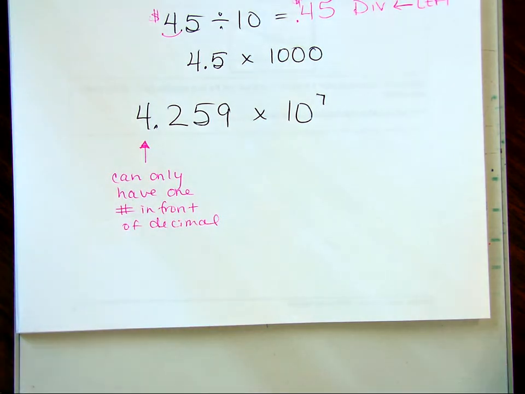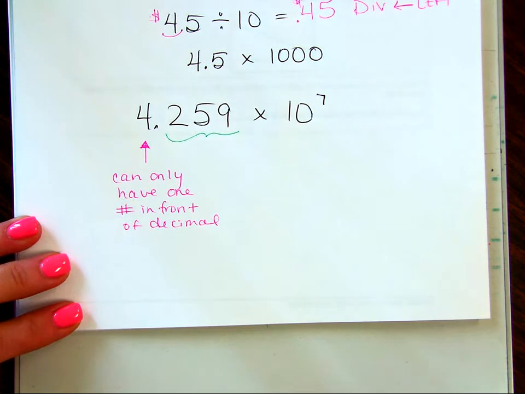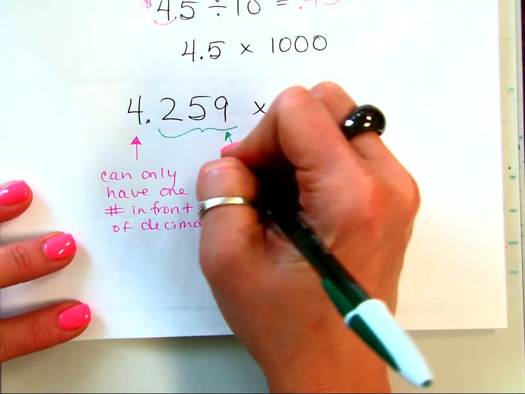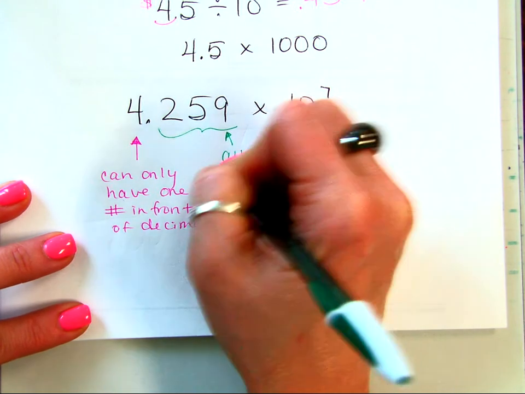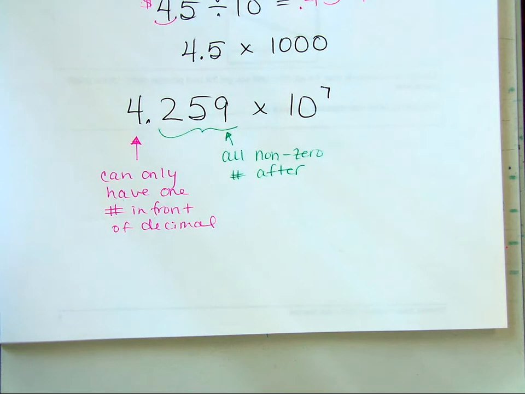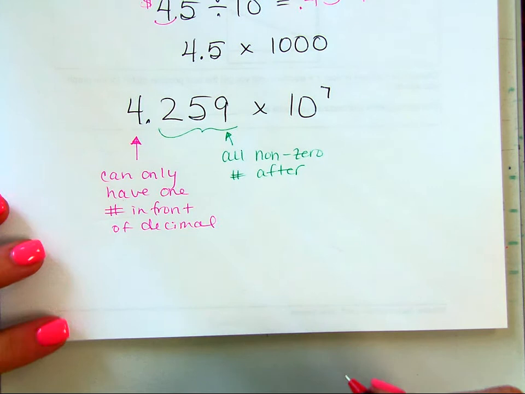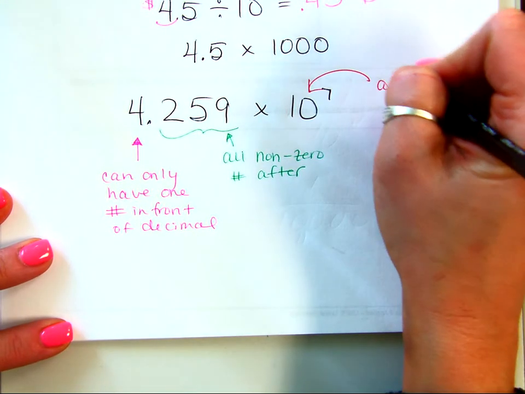The other qualification is that all other, we're going to call these non-zero numbers, okay? You can grab a calculator if you need it. All other non-zero numbers are after. There may be some non-zeros, there may not. And then the other thing is that there's always going to be a base 10.